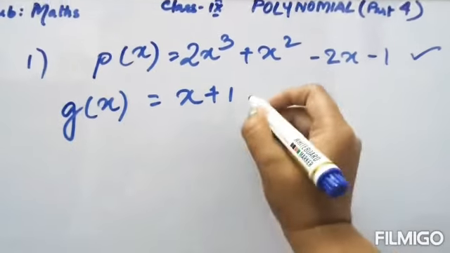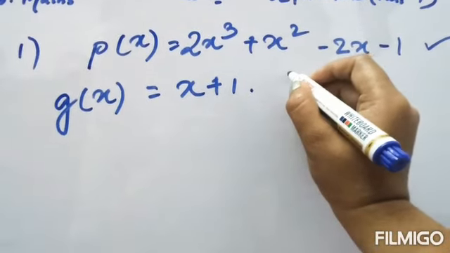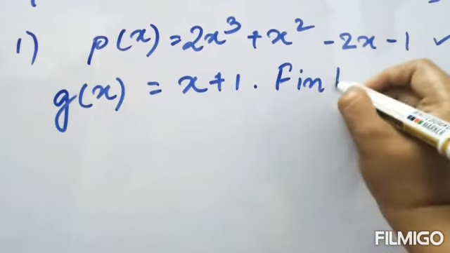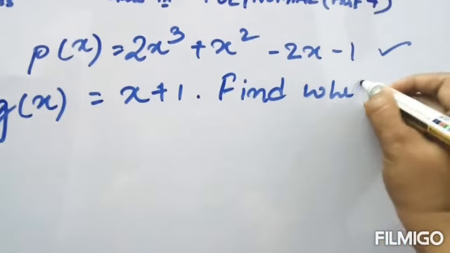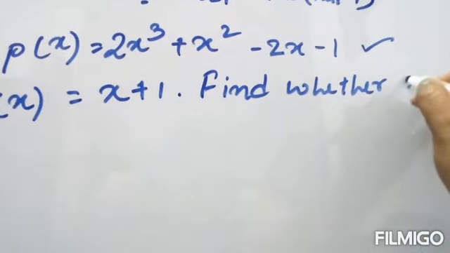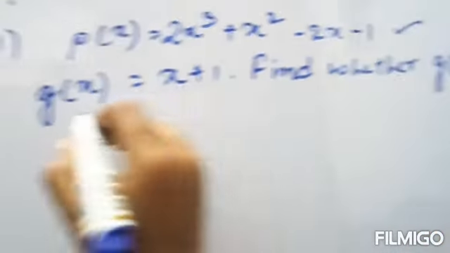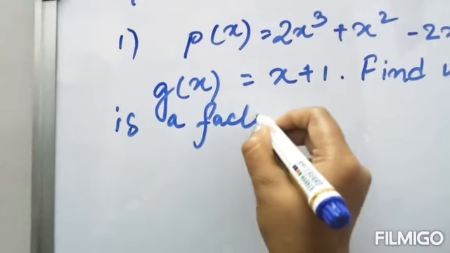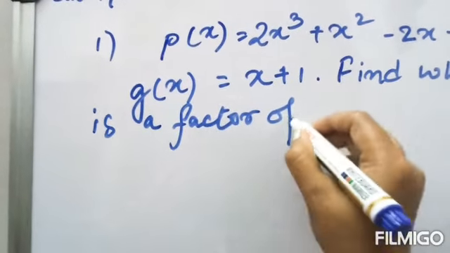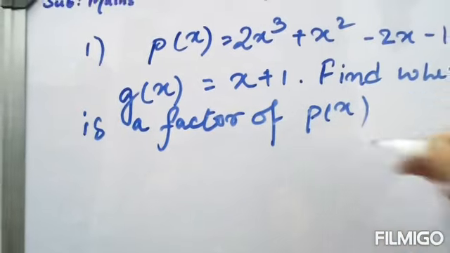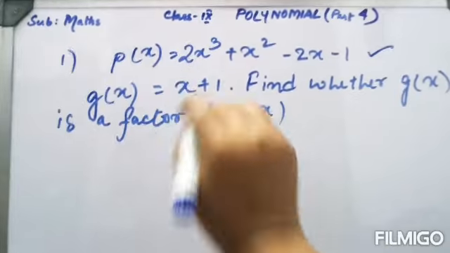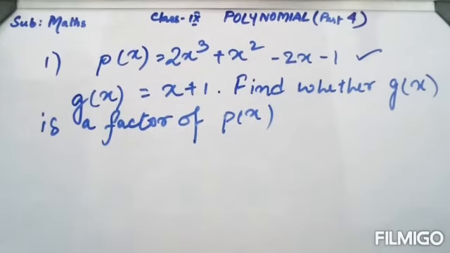The question is: find whether g(x) is a factor of p(x). You have to find out whether g(x), which means x plus 1, is a factor of this one or not.